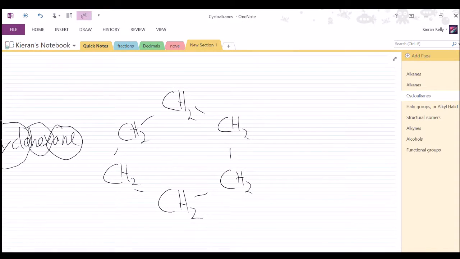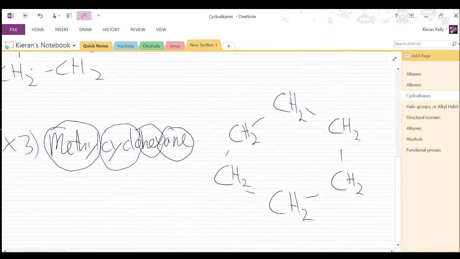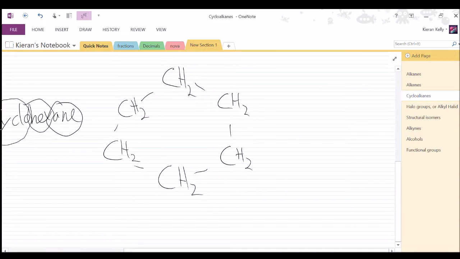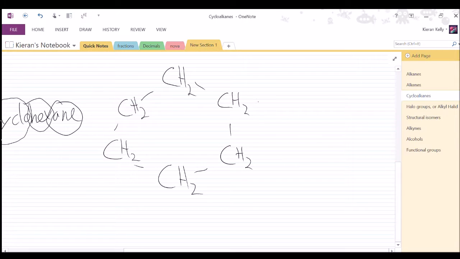Methyl, what you're going to do is, because it's not numbered, so we don't have a location for it, it can go anywhere, so just choose any place. Right here seems good. CH3, there's our methyl. But we're not done. This guy right here now has the third bond. So now that he has 3 bonds, we're going to have to remove a hydrogen. So this guy ends up being CH instead of CH2.